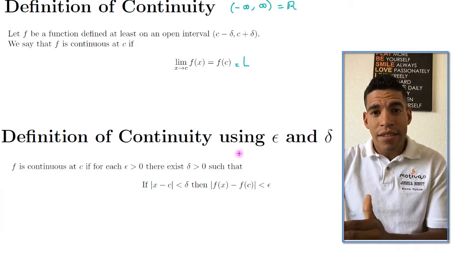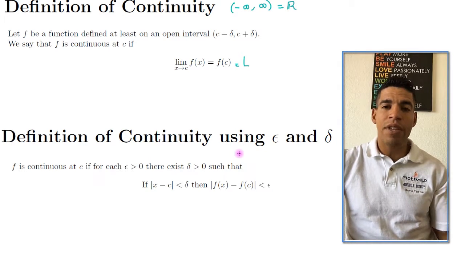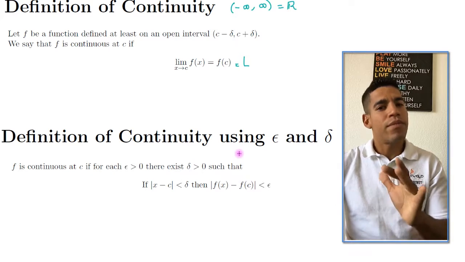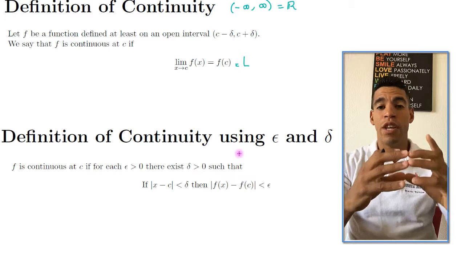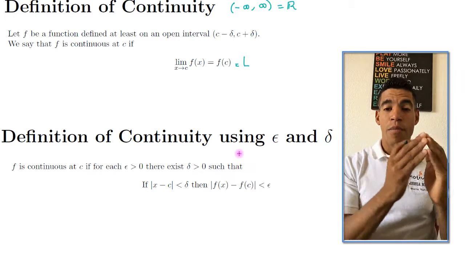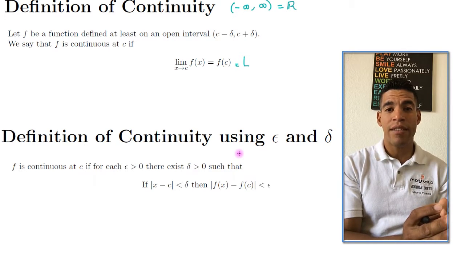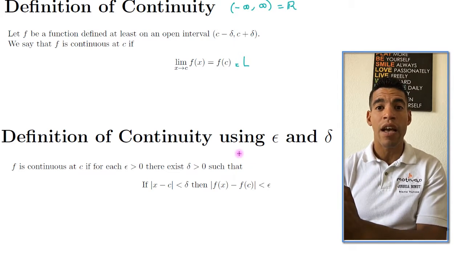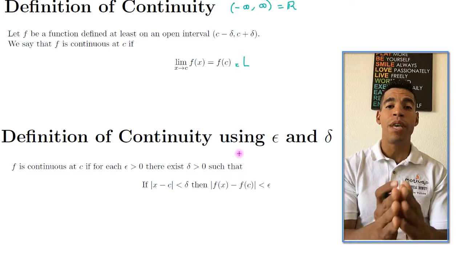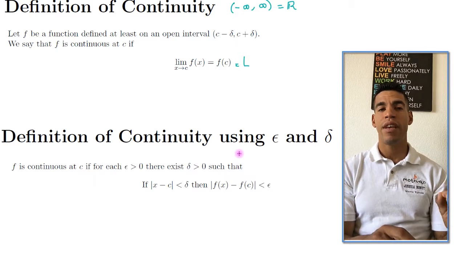But if it is, then the function is continuous at c. That's how it wraps up into continuity. You must have a limit exist, and you must have the point c exist, and they have to be equal to be continuous at c.